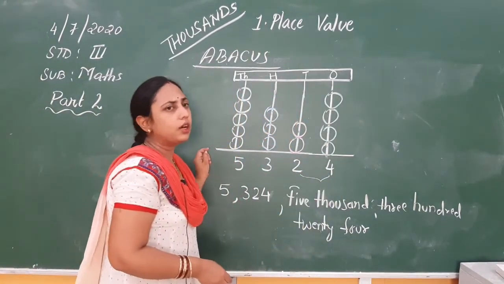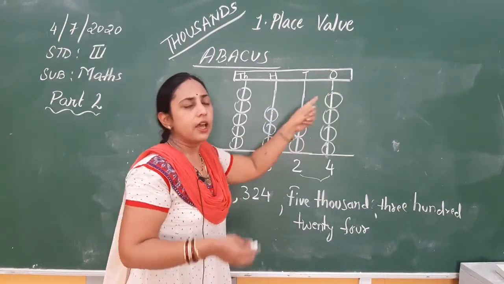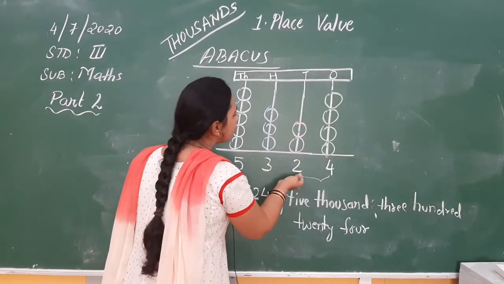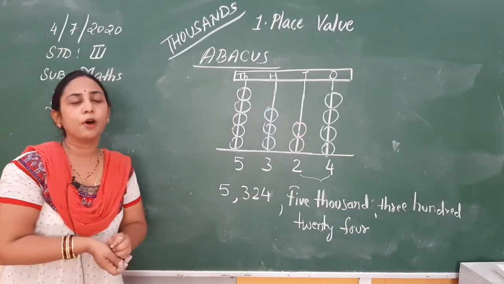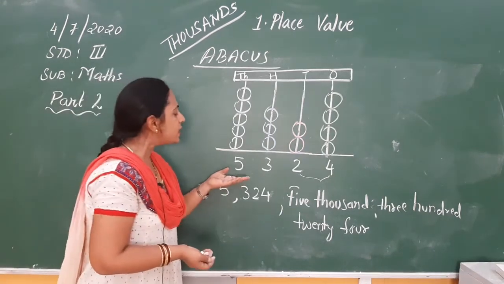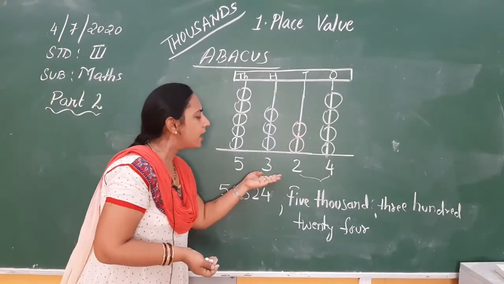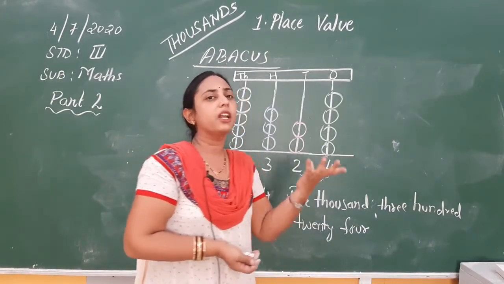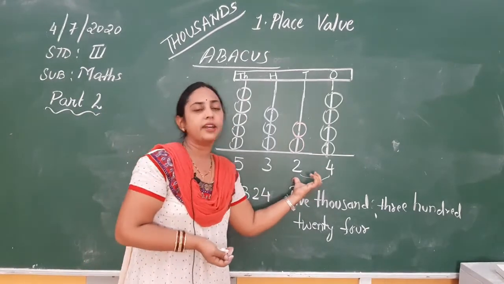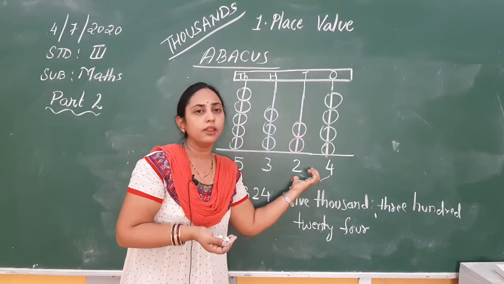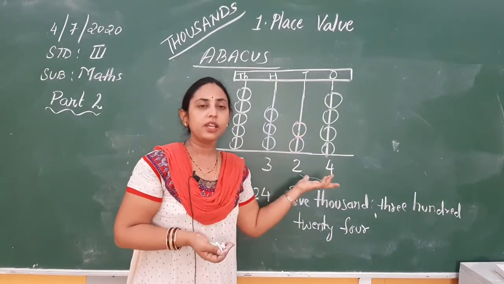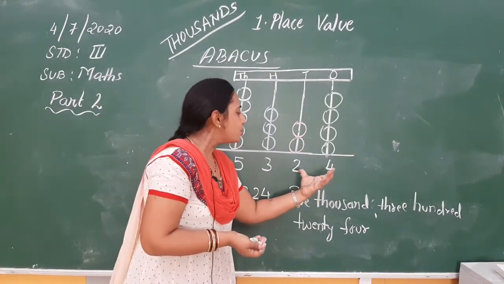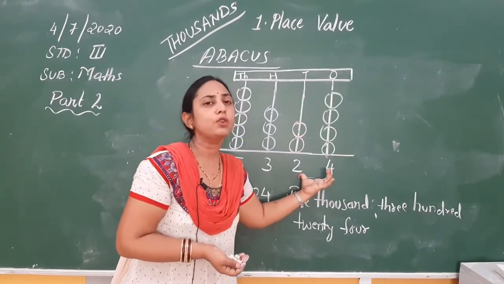So we will join the tens place and ones place, and then we will read that number. We will not read this as 5,300, 2 tens, 4 ones. No, that is not the proper way to read. Here we read 5,300, and these two numbers, the tens place and ones place, we will combine and read as one number. You know all the 2-digit numbers till 99, right? So 24. 20 plus 4, 24.